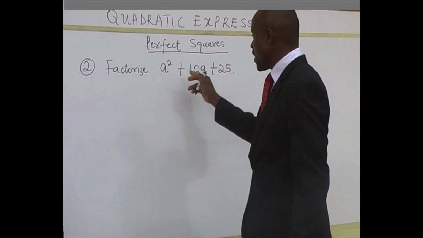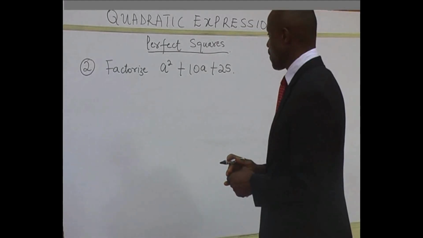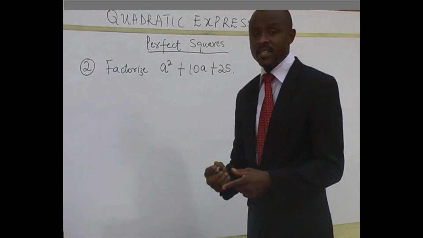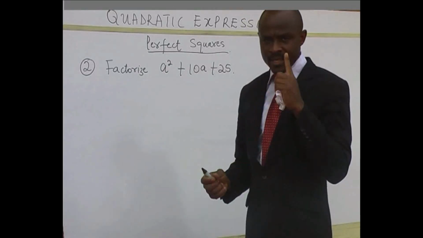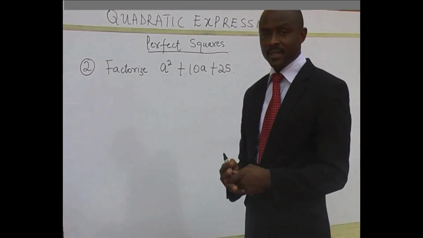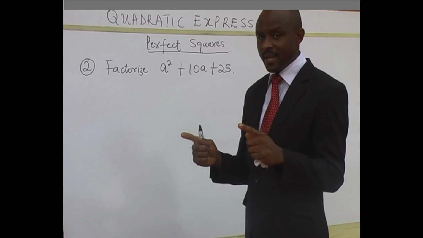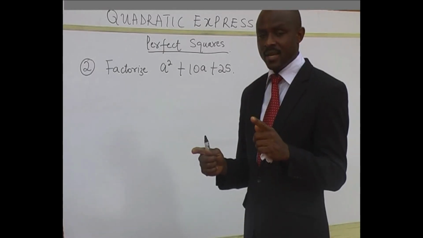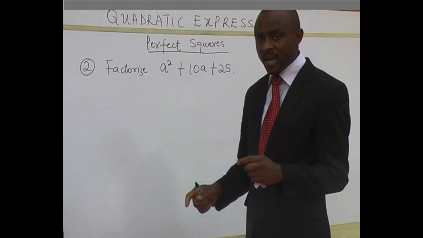Factorize a squared plus 10a plus 25. This is also a perfect square. You know that a squared is a product of a and a. That means a squared means a times a.